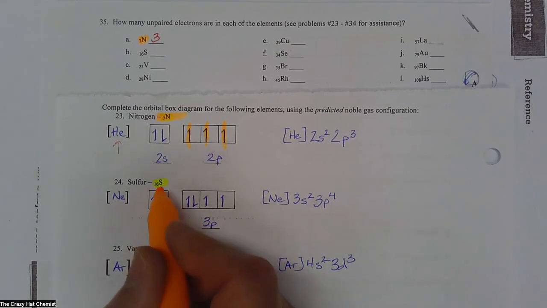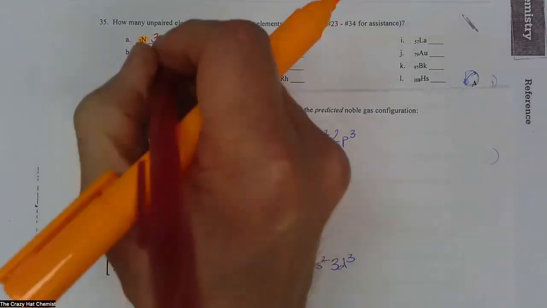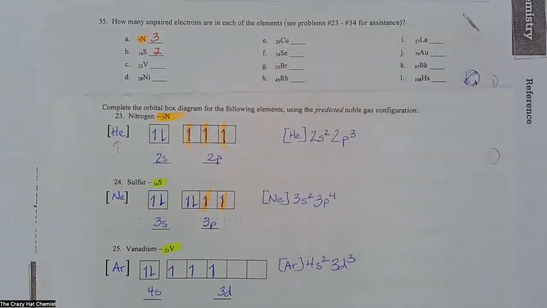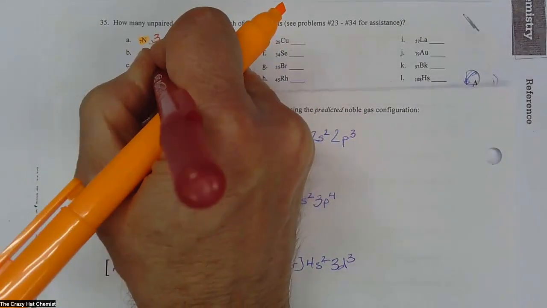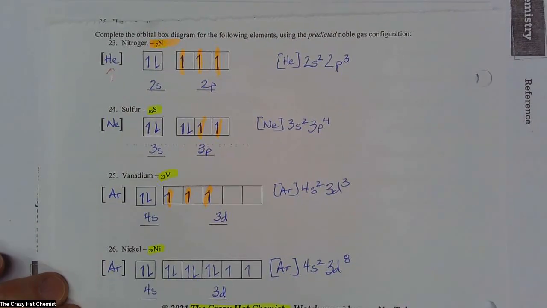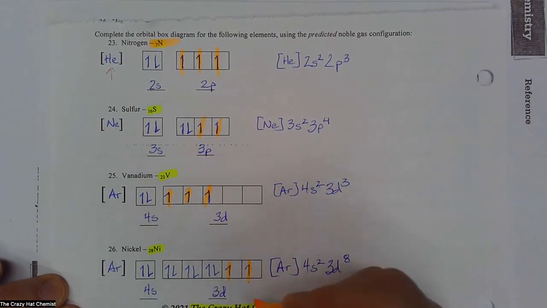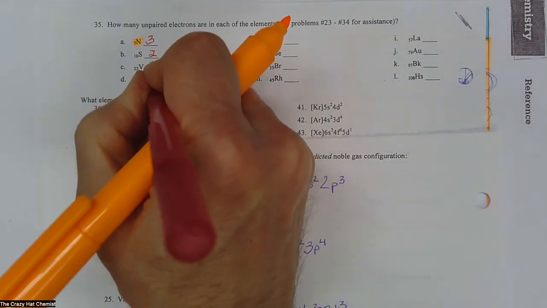Number of unpaired electrons in sulfur, that's 1 and 2. So this is 2. Number of unpaired electrons in vanadium, 1, 2, and 3. So that is a 3. Number of unpaired electrons in nickel, that's 1 and 2. And so that would be 2 for nickel.